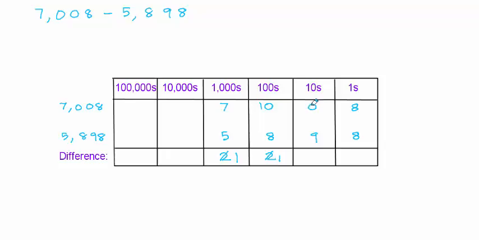And there are 10 tens in 100. Therefore, this becomes a 10, and 10 minus 9 is 1. So we have 1 ten and then 8 minus 8 is 0. So the difference between the two numbers is 1110. That's how we could do left to right subtraction.